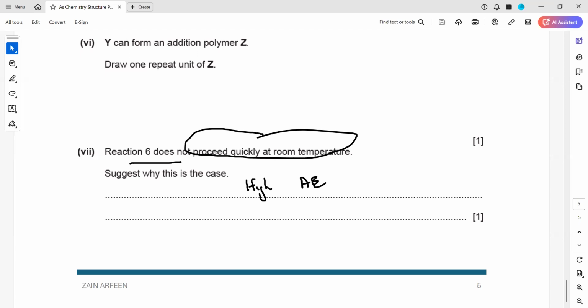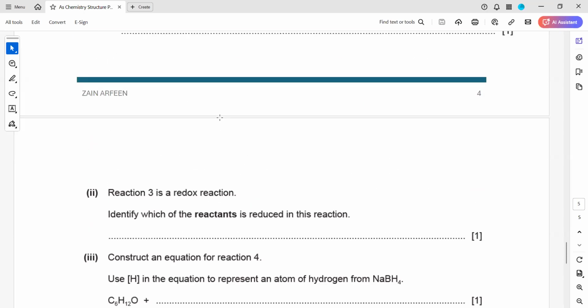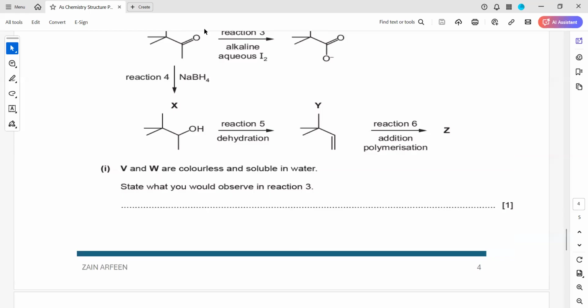When they said repeat unit, I don't have to put a bracket and n. That's right. If they say repeat unit, I don't have to put n. If they say draw polymer, then I will put an n as well. In this case, as they only mentioned draw one repeat unit, I don't have to put n. What I have to do is first flip the molecule, and then I just break it.